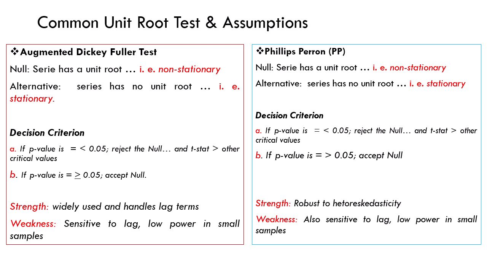Now, ADF, Phillips-Perron, and KPSS follow the same estimation pattern and decision criteria pattern. For instance, the null hypothesis is often that the series or the data set has a unit root, and the alternative is that it does not. This is based on the decision criteria of the probability value of 0.05, whether to reject or to accept.